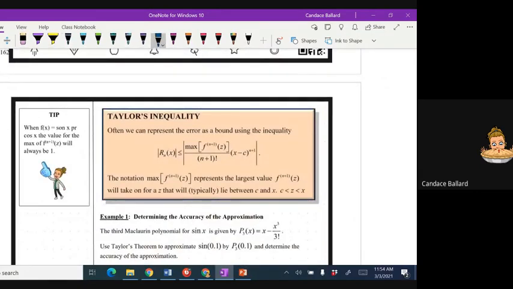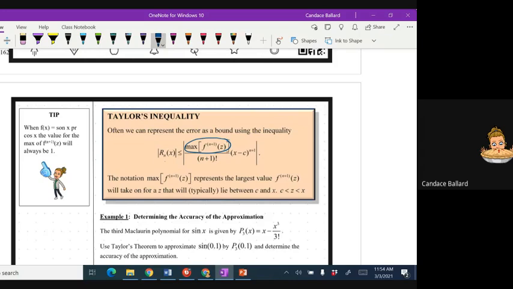This thing here got totally messed up, I'll fix up the tip here in a second. Let's talk about the inequality and then I'll talk about the tip because that's going to lead into example 1. So we can often represent the error as a bound using the inequality. So the remainder is less than or equal to the maximum of the function, the value of the function evaluated one beyond. Okay, the maximum that could be. We'll talk a little bit more about that in a few seconds.